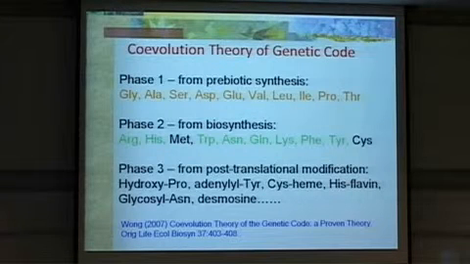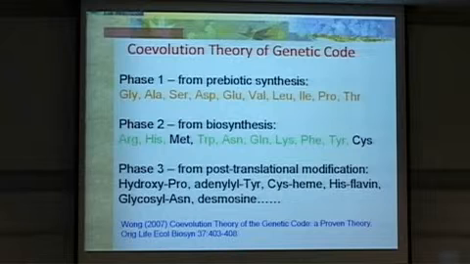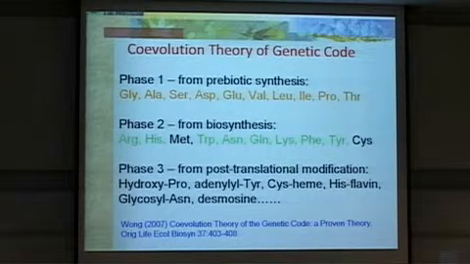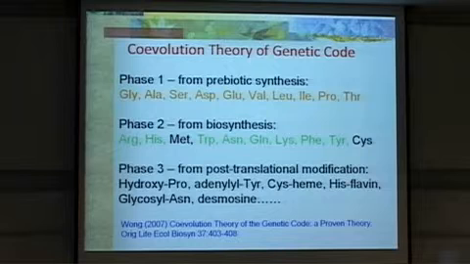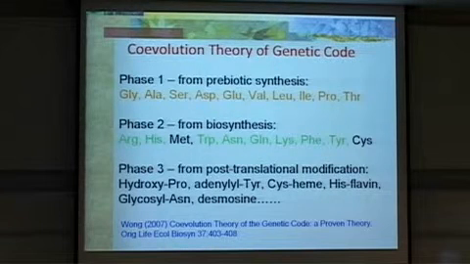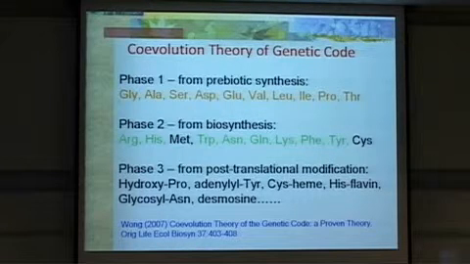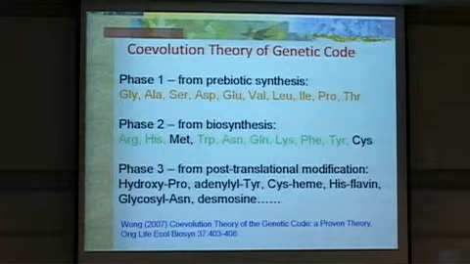So this universal code predates the earliest branchings of the present-day living lineages, about 3 billion years ago. So this code has been frozen, unchanged, with respect to amino acids. Once in a while, the codon assignments do change, but the basic 20, or now 20 plus 2, amino acids have never been changed. So frozen for 3 billion years.